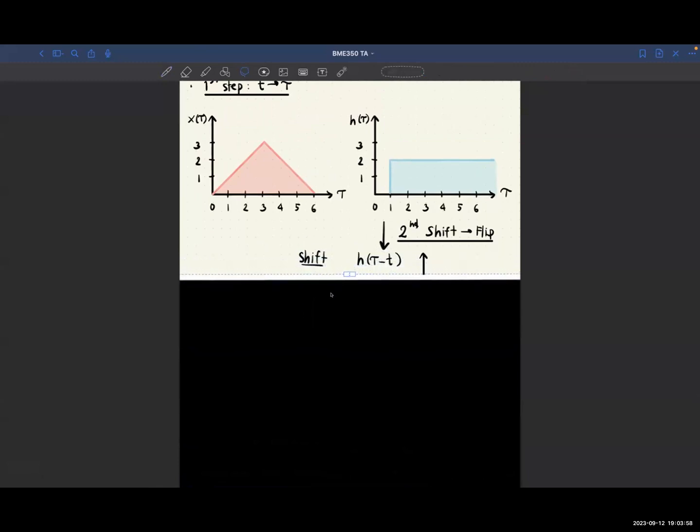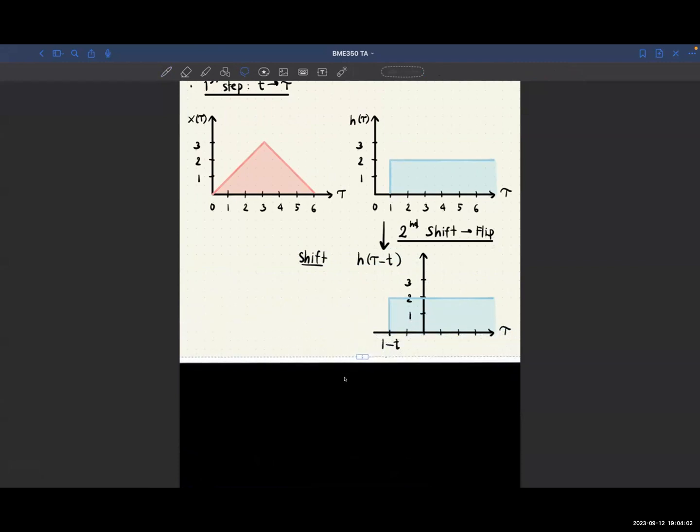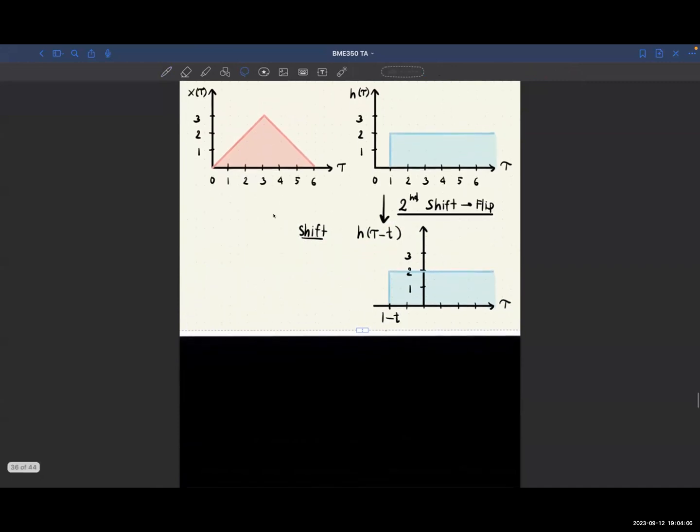So first we shift this h tau by t units first. And you know you have the right to be negative, right? Our graph is going to look like this. So instead of being at 1, now your function is going to be at 1 minus t.